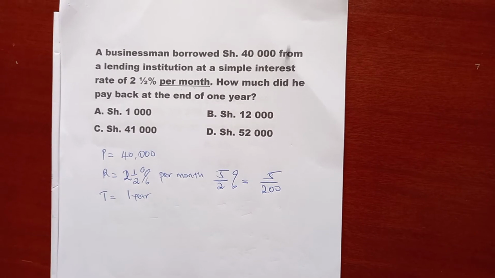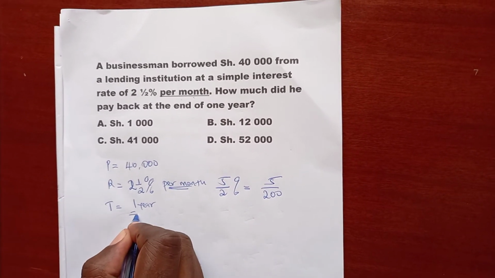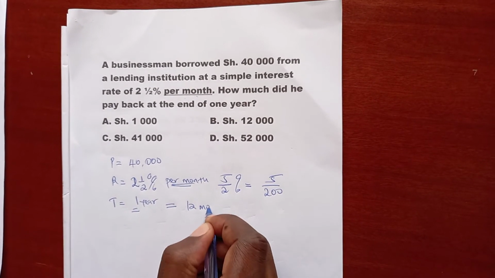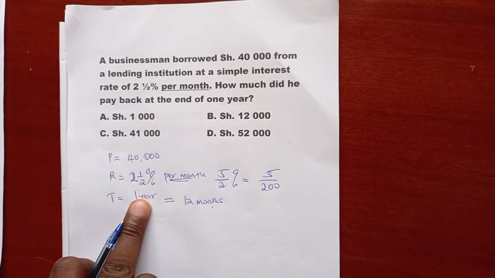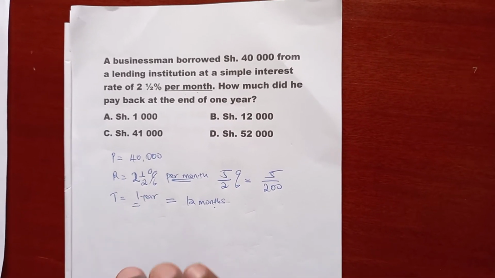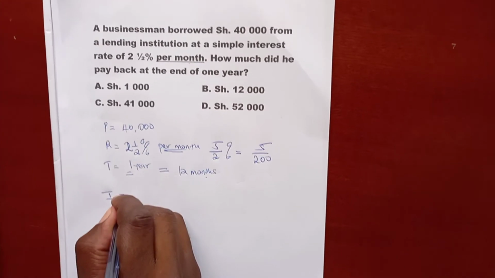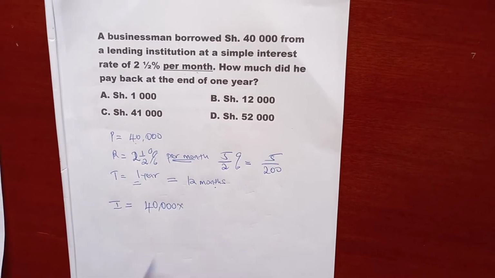So in our case again, it is per month, and we are told it is 1 year. So 1 year is equal to 12 months. So our time is 12 months now, but not 1 year, although 1 year is equivalent to 12 months. So we get the interest. Interest will be given by principal 40,000 times rate.